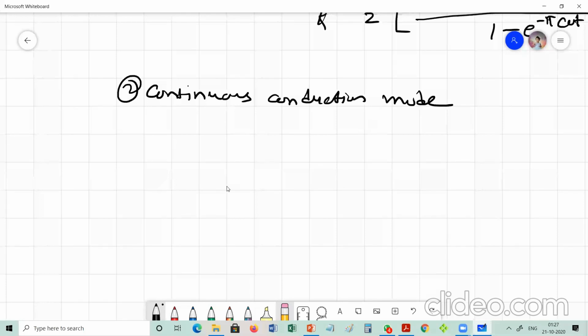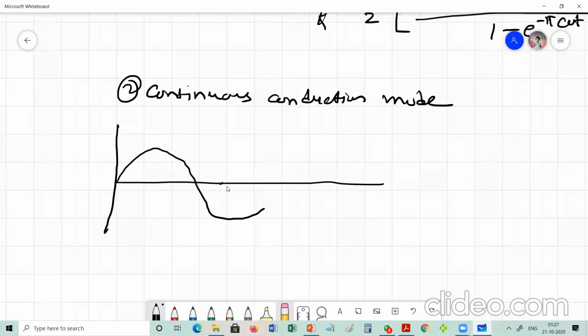So we will now draw the waveform for continuous mode conduction. Again, first we have to draw the waveform of input voltage. This is input voltage Vs. I have to draw the circuit diagram once again.